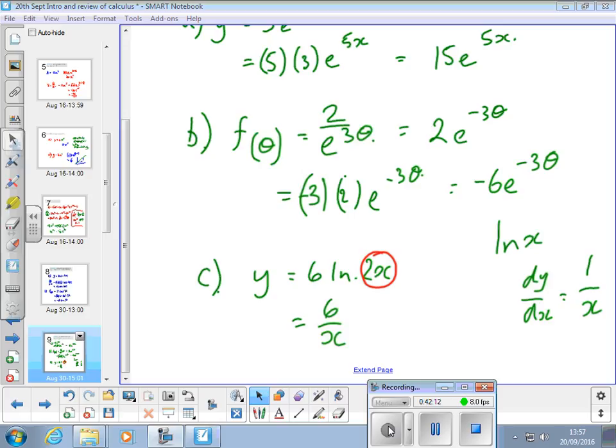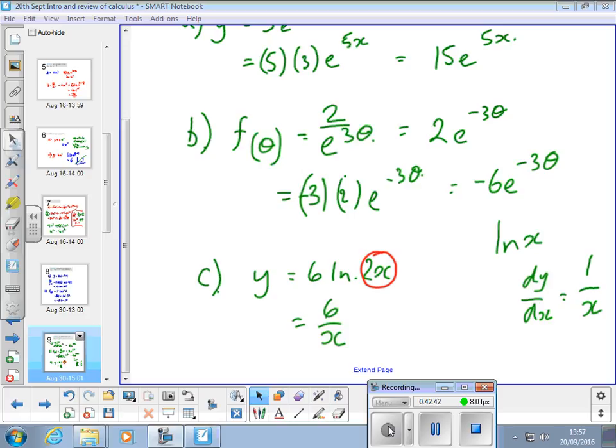Alright, with that, everybody happy with what we've done so far? Okay, so all the basic functions that I want to revisit, sine, cosine, power functions or polynomials, and log and exponential functions, we've just revisited them, had a little look at how we differentiate each of them, and we do that using that standard table.